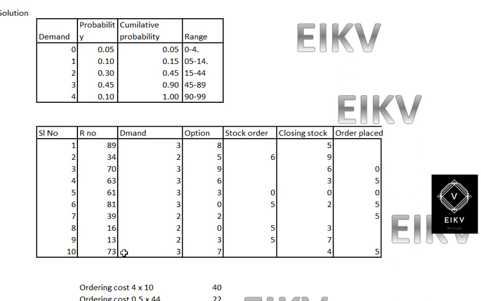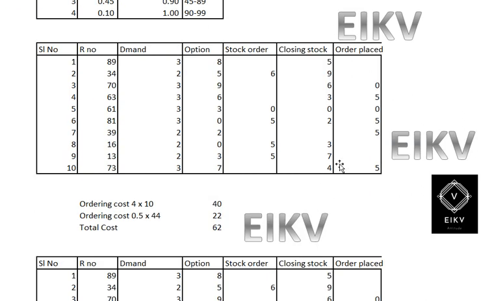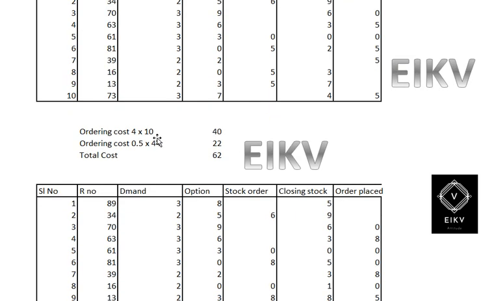On the second day the random number is 73. Therefore in such a scenario, 3 is the demand and 7 is the opening stock. Therefore 7 minus 3, the closing stock will be 4. Since 4 is lesser than 8, another order will be made.